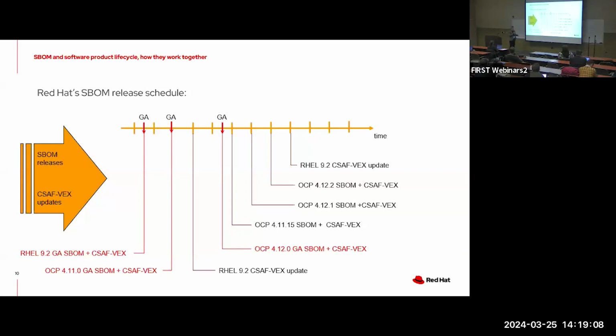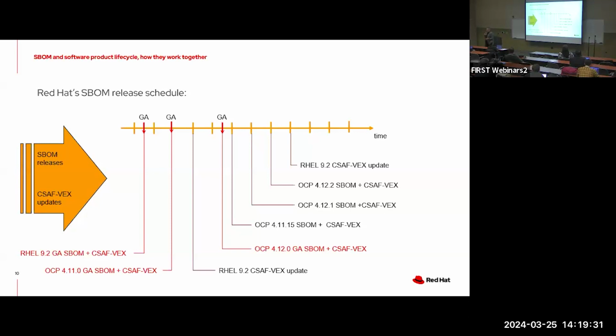If you take a look at the next line, there is OpenShift 4.12 GA, and then we have various updates to OpenShift. As you can see here, for OpenShift, even for the Z-stream updates, we will also release individual SBOMs. Why?